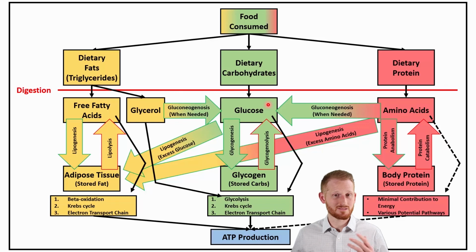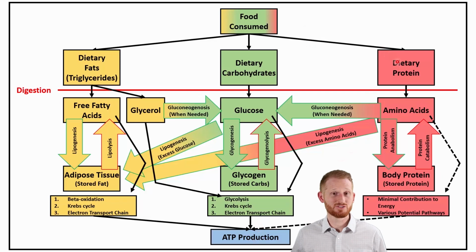So if the glucose isn't being consumed in excess, we can go through the process of glycogenesis in order to produce glycogen, which is the storage form of glucose stored in the muscles and the liver. We can also break down that glycogen through glycogenolysis back into glucose that can be used directly through glycolysis, the Krebs cycle, electron transport chain, in order to produce ATP.